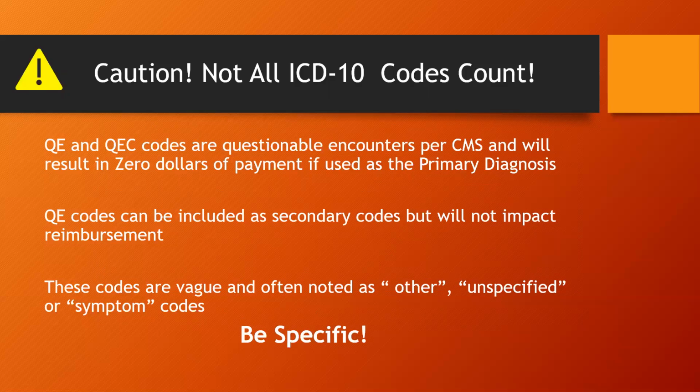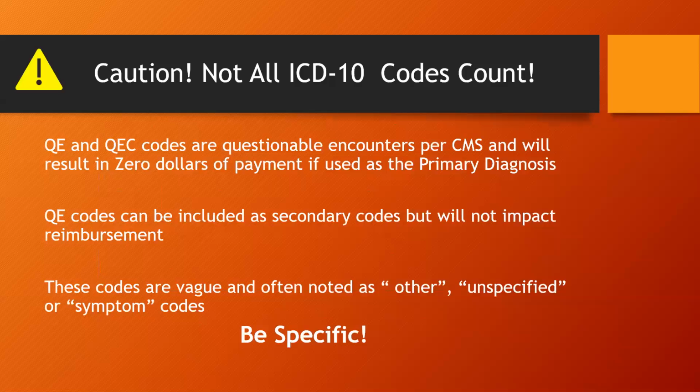Typically, we're going to recognize those questionable encounter codes because they're vague. In their definition of an ICD-10 code, it might say things like other or unspecified. It might be a symptom code, but it's not an actual defined diagnosis.